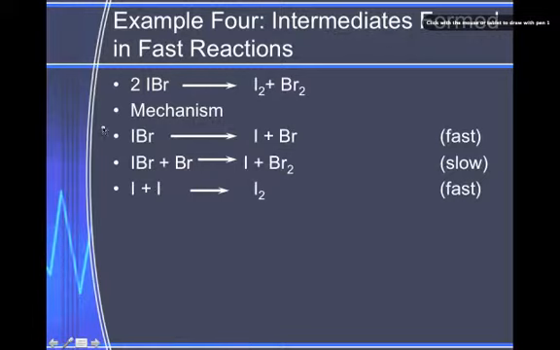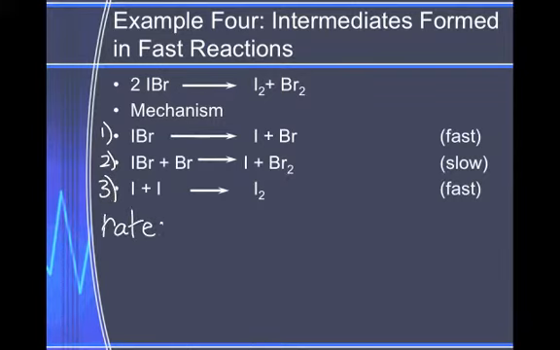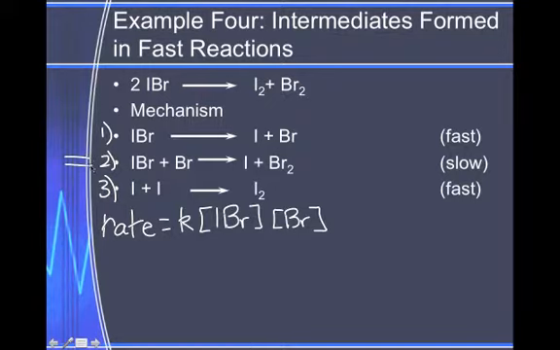So I'm going to number my steps so that you can follow what I'm working on here: step 1, 2, and step 3. The rate of my reaction is going to be equal to k times [IBr] times [Br], because this is my slowest step. It's my rate determining step, so I take the collisions that need to take place for that step and put them into the rate law.